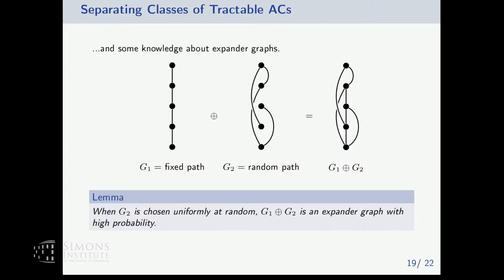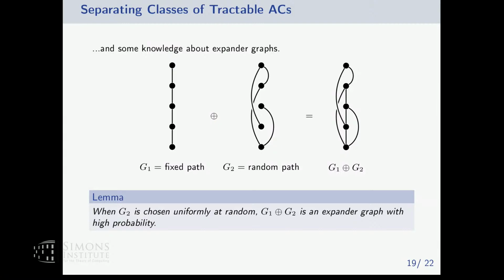So we have n factorial of them, and you take one uniformly at random. And then you define G1 ⊕ G2 as follows. You take G2, you put it on top of G1, and you get rid of the parallel edges. So the edge that was here, since it's also here, you don't have it in the resulting graph. So this is not a multigraph, but really a simple graph.